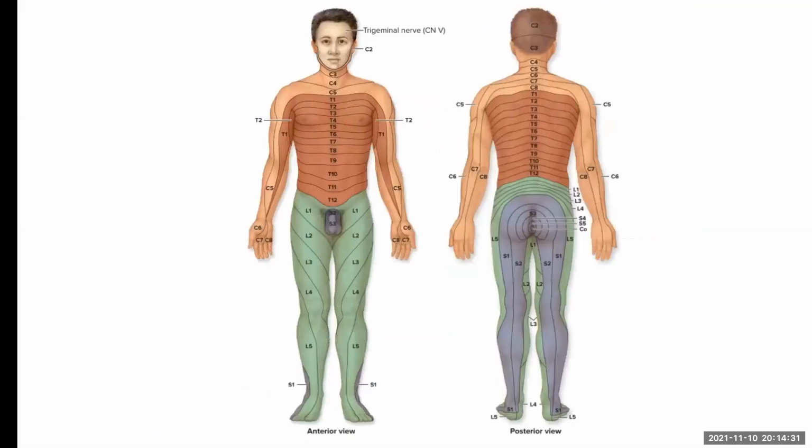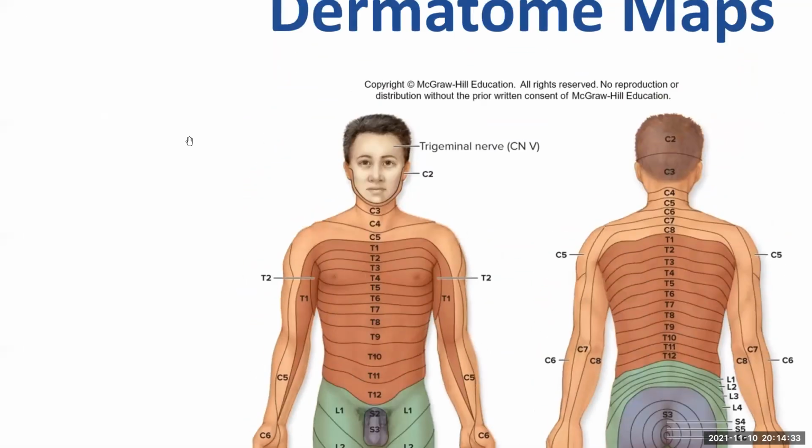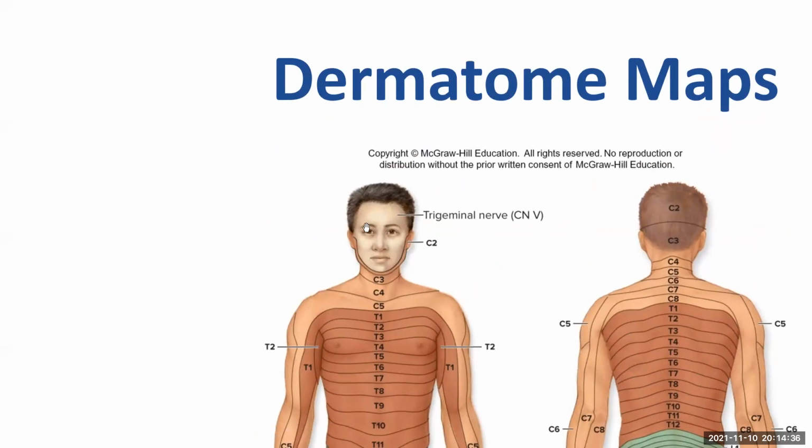Right now, you might be able to understand a little bit better when we look up here on the face. Remember, when we were talking about cranial nerve number 5, trigeminal, it has 3 divisions, the ophthalmic, the maxillary, and the mandibular, and how it innervates the face for sensory input.